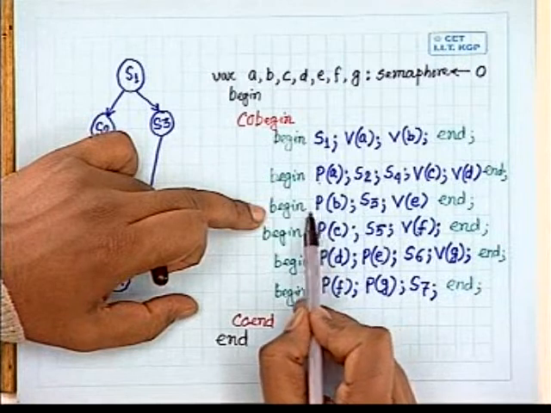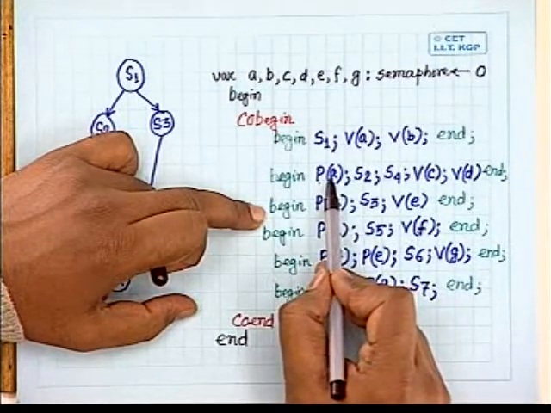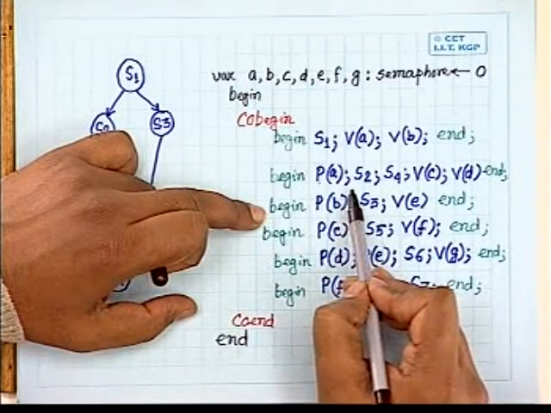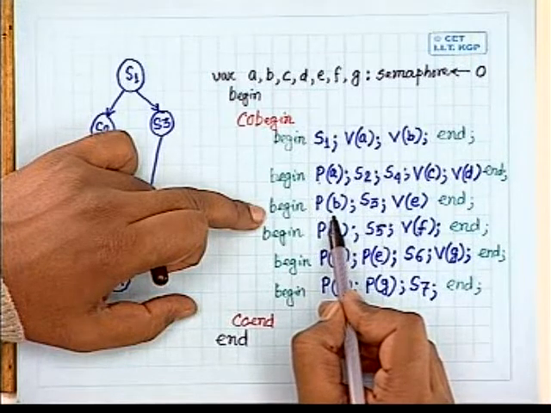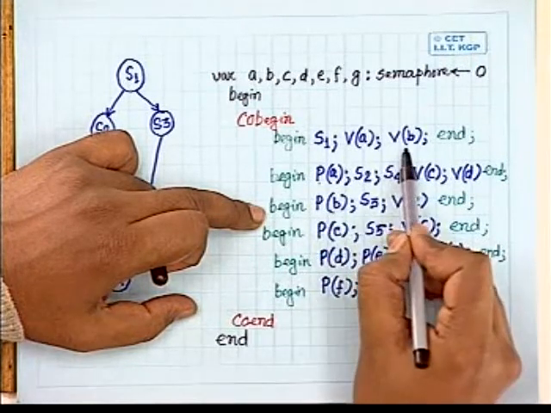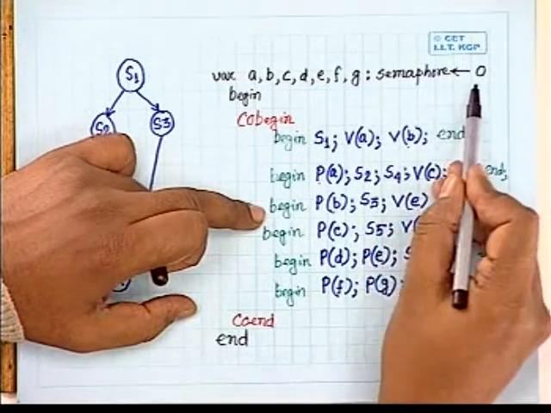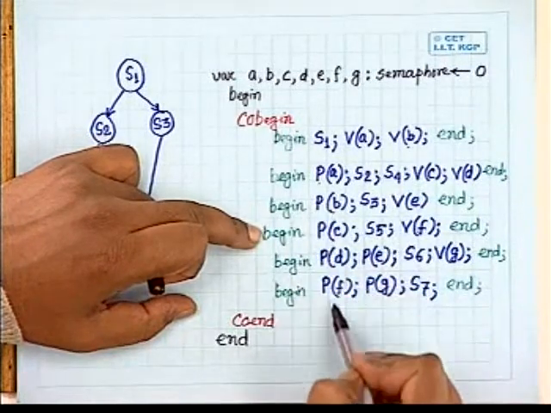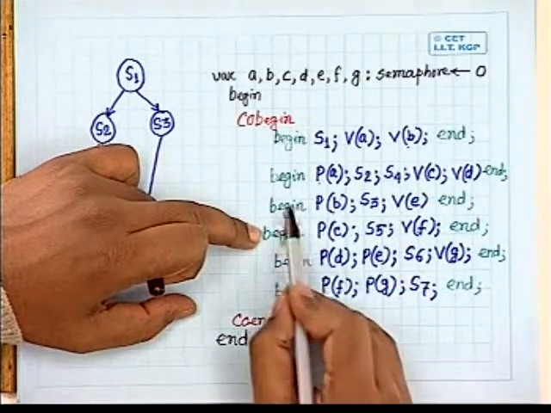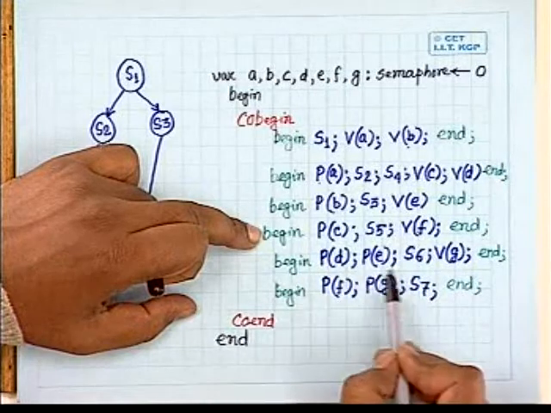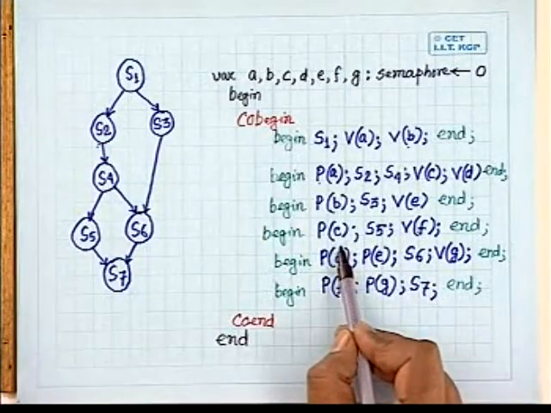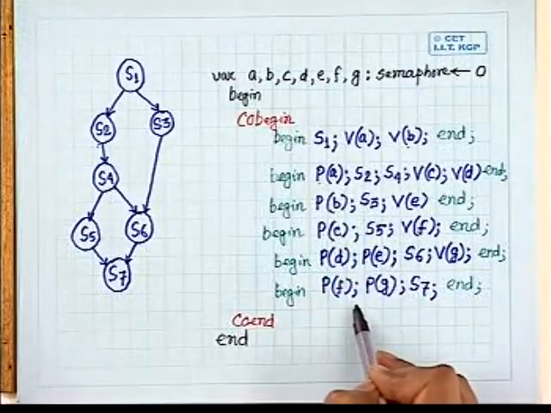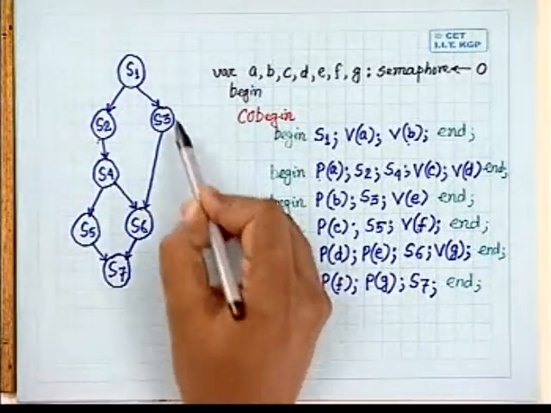Similarly, this process, though it is running concurrently with both of them, because all these processes are concurrent, has a first statement PB, so it cannot be successful until and unless this V operation is complete. That is because the variable B is initialized to 0. And that is true for all others. So though each of them is running concurrently, by imposing this synchronization mechanism through the P operation and V operation of semaphore variables, I can have proper execution of this precedence graph.